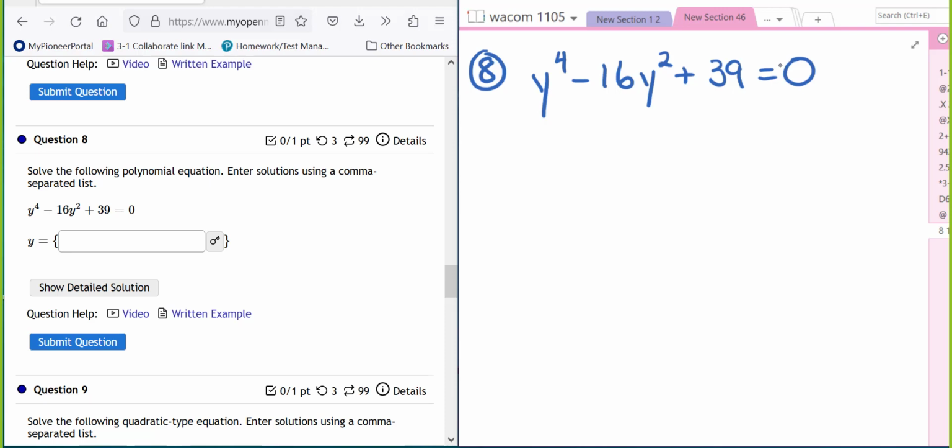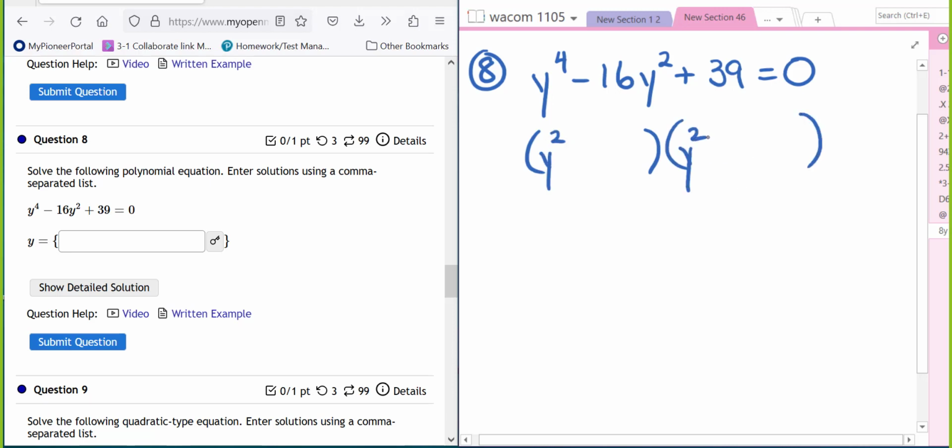So this one you could work, and just here you have to guess what would be the square root of y to the 4th, and you would probably guess y squared. This would be like signs both minus, and it was 13 times 3. And they're both going to have minus, and that does give you 16.